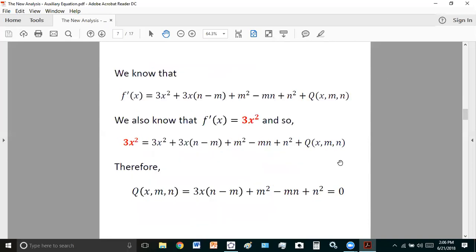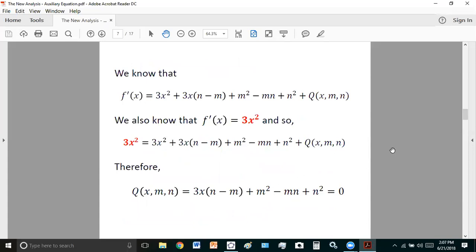So we know that this equation here is true, don't we? Okay. We know that it's true. So if this is true, then we also know that f prime of x is equal to 3x squared. So we have this equation, and these cancel out, and we end up with the auxiliary equation, which is what you see down here, right? Okay?